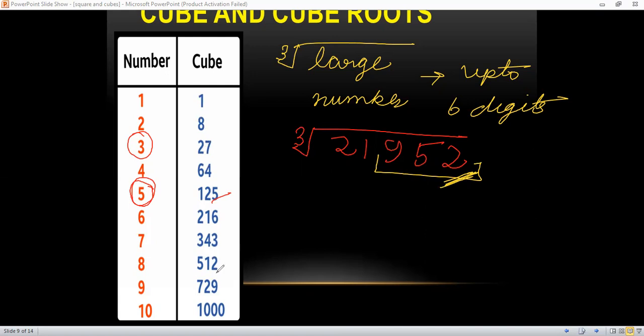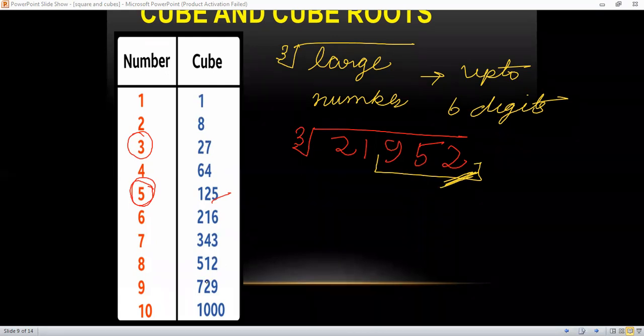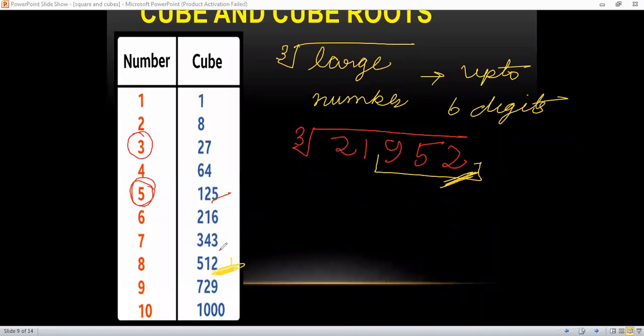For the number 8, the cube ends with unit digit 2. So I will write number 8 at the unit digit of the cube root. 8 I have written.